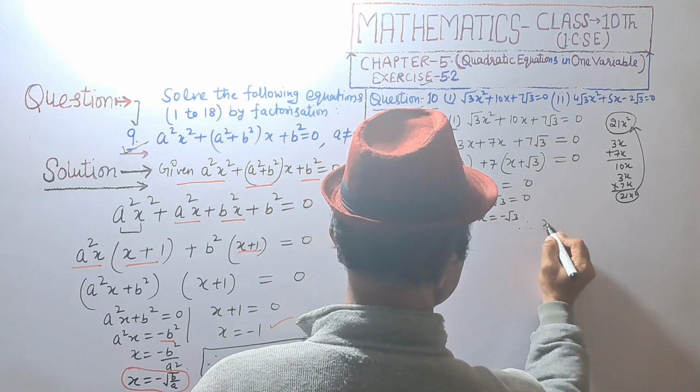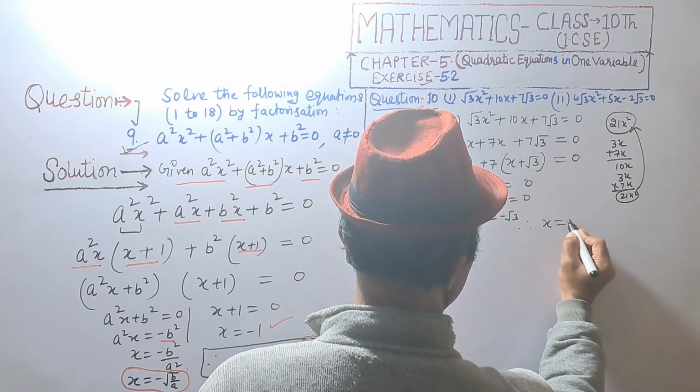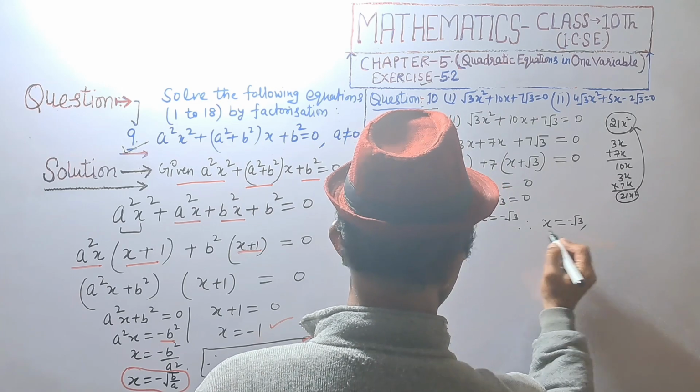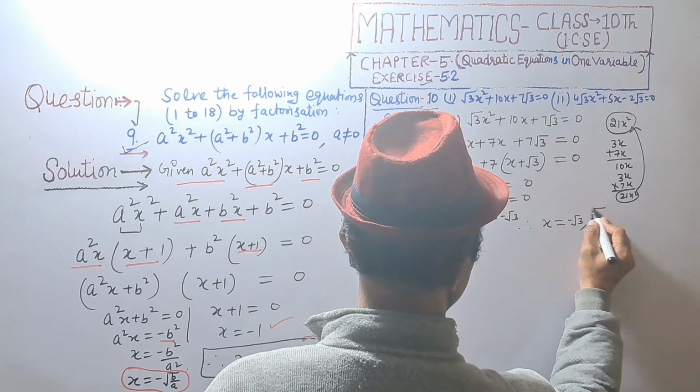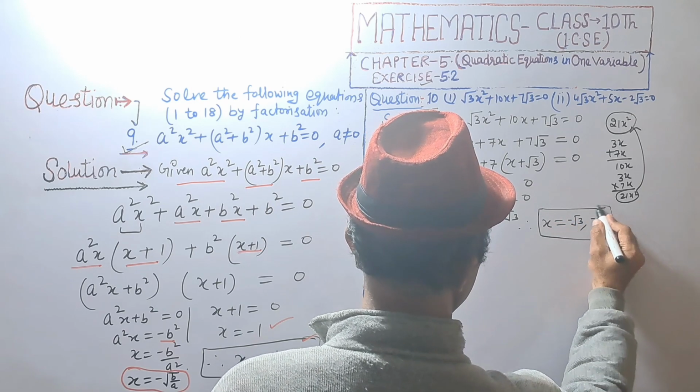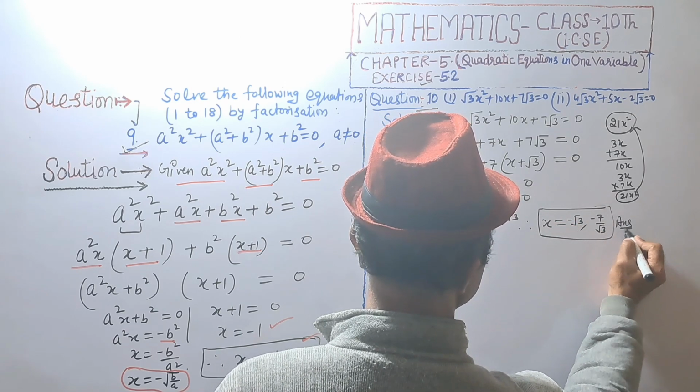So the value of x we get is minus √3, minus 7 upon √3. Answer.